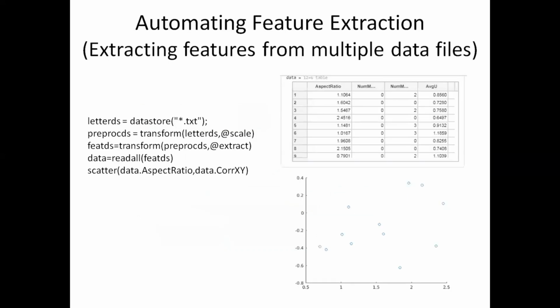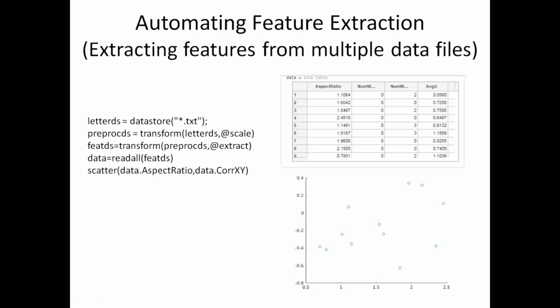For doing that, we are using this datastore function to load all the files. When I say star.text, this loads the data in all the files that are available, and I am storing it in the variable letter ds.